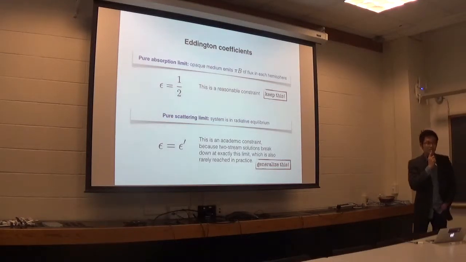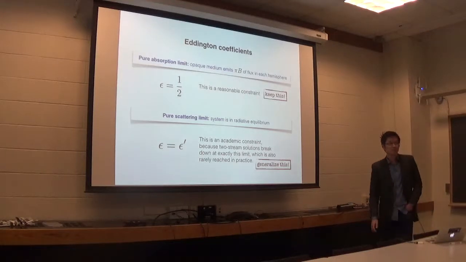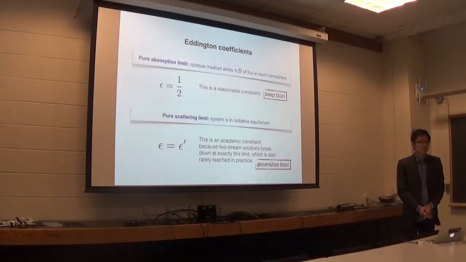But that is a separate statement from the system being in radiative equilibrium in the pure scattering limit, because you typically have radiative equilibrium even when you have scattering and absorption and emission.